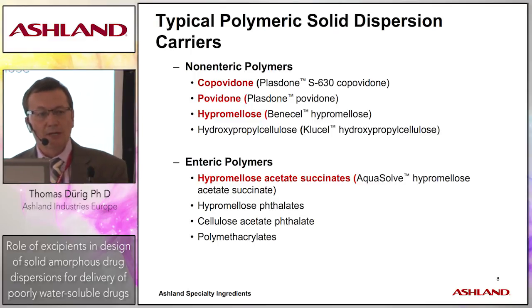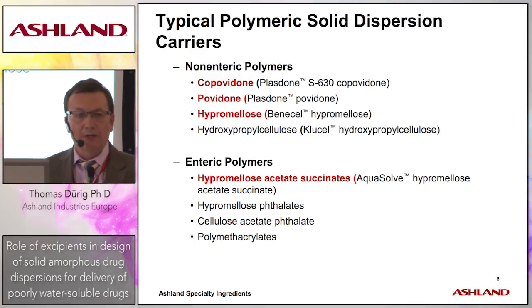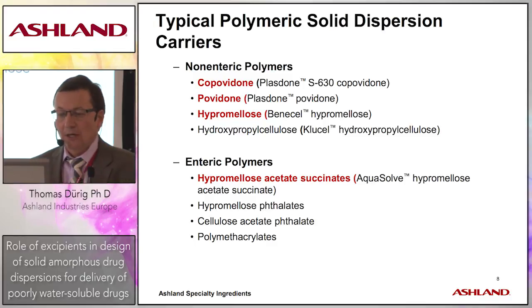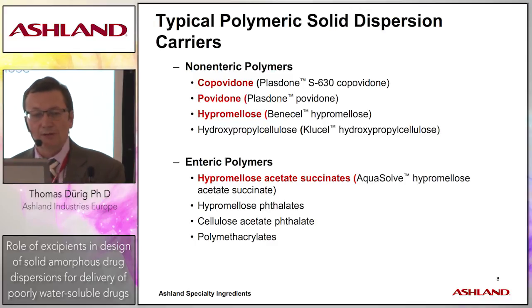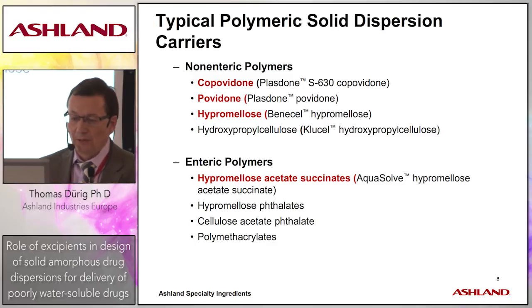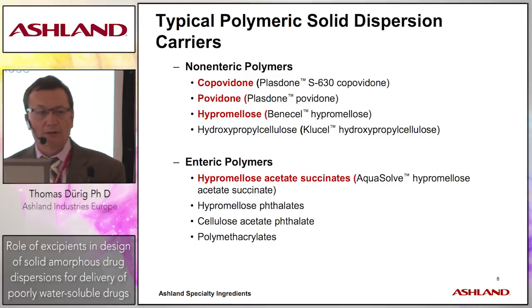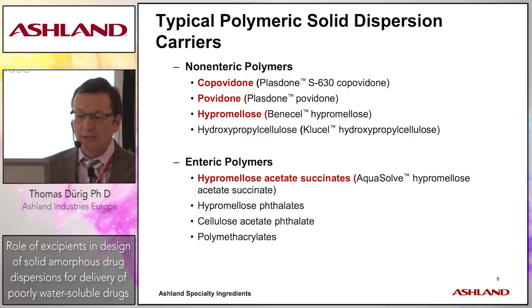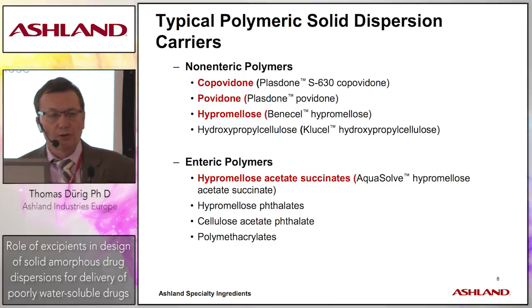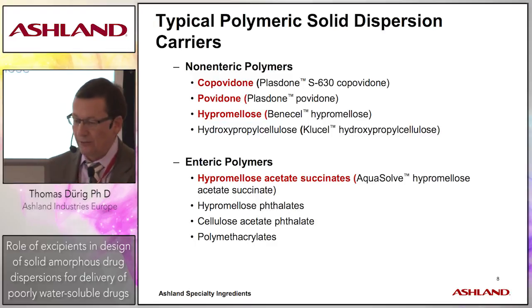And then really the other big category that tends to be finding a lot of use would be the ionic or enteric polymers, among which hypromellose acetate succinate might be the most commonly used one, and then hypromellose phthalate, cellulose acetate phthalate, and also polymethacrylates. So the second category are all ionizable type of polymers, generally ones that don't dissolve too well in an acidic medium. The ones which are the most commonly used, I've highlighted in red.